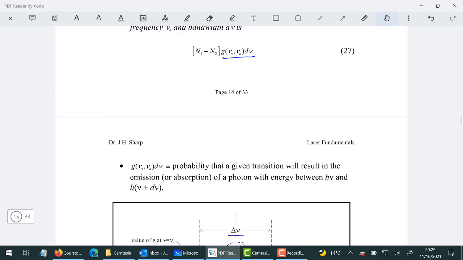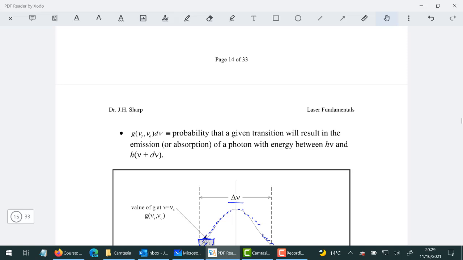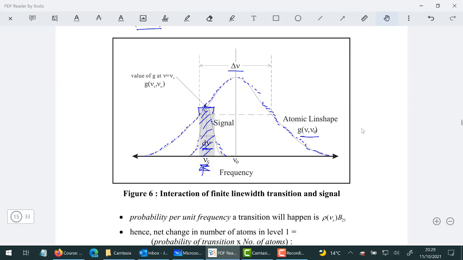That's a measure of how many atoms can actually interact with that signal. Okay, if we integrate it over d nu, then we get the area under the curve, obviously. So the G function, the line shape function here, times d nu is the probability that a given transition will give you an absorption or an emission in the interval between h nu and h nu plus d nu. So what are the chances that something is going to happen in this range here?